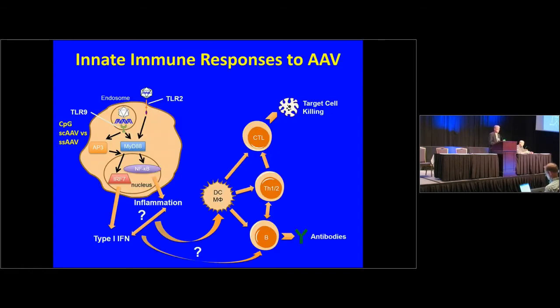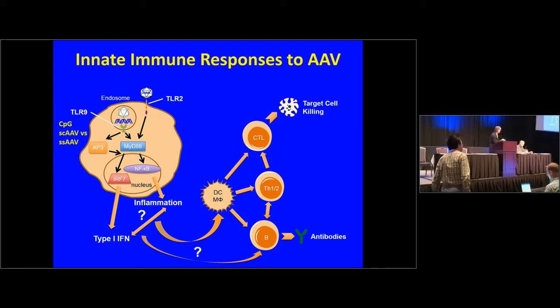Now, if there's no pre-existing immunity in terms of antibodies, you administer your vector and it gets into your tissue. The very first rapid response that the immune system has is the innate response. It's been shown for AAV that the capsid can be recognized by a toll-like receptor called TLR2, and then the AAV genome is recognized by TLR9, which is an endosomal DNA receptor.